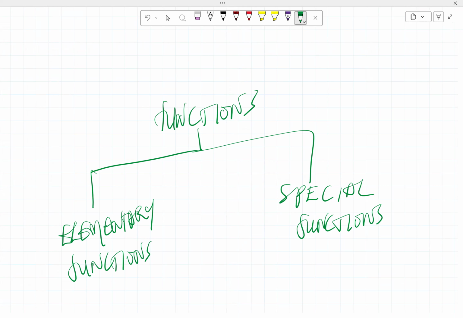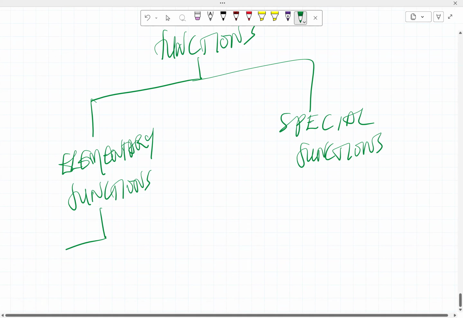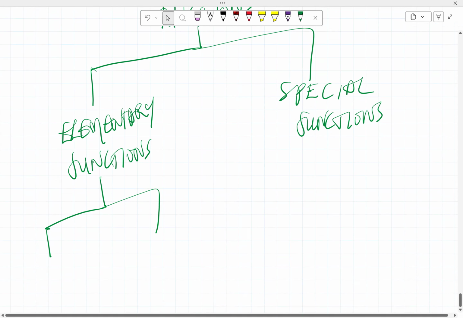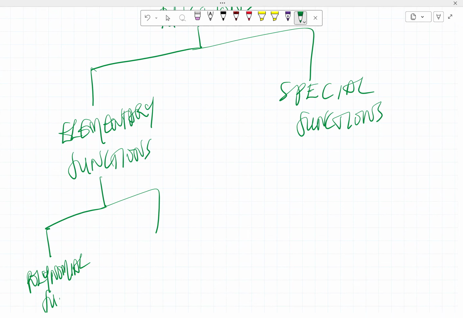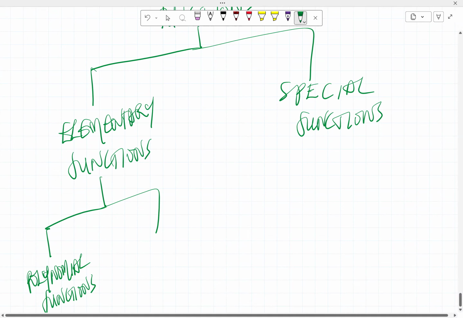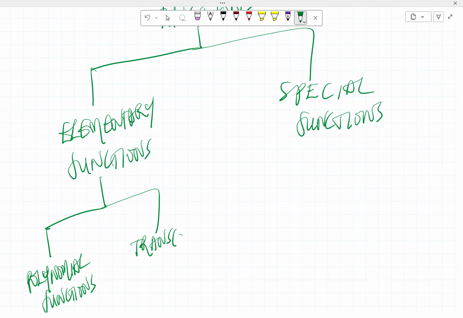Then elementary functions can be further classified into polynomial functions, and you then have what you call transcendental functions, functions that are not polynomials.